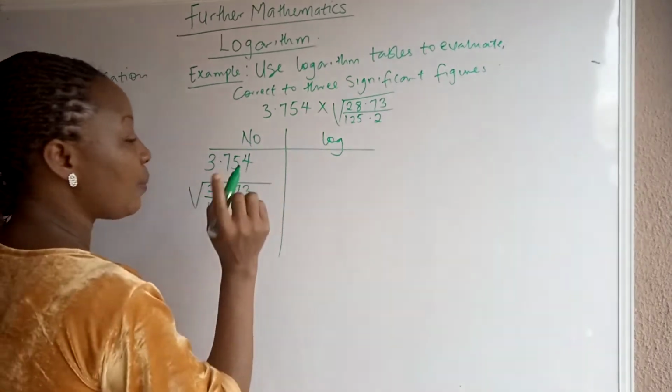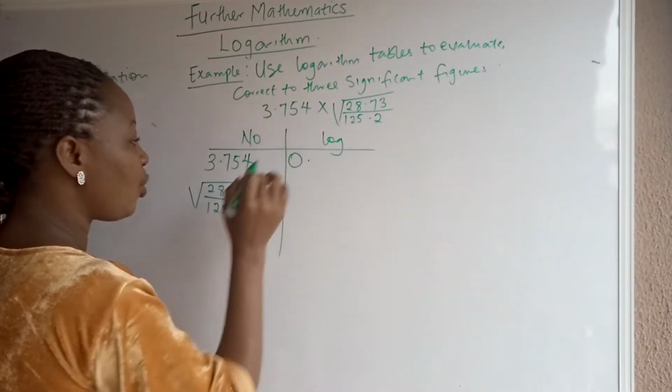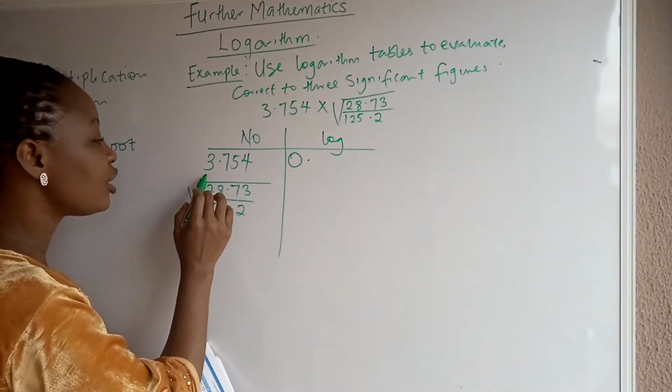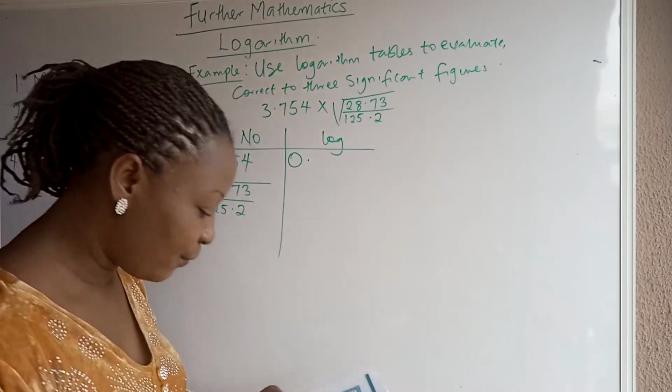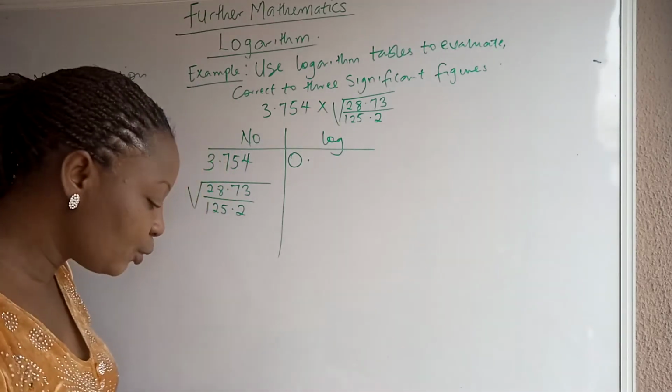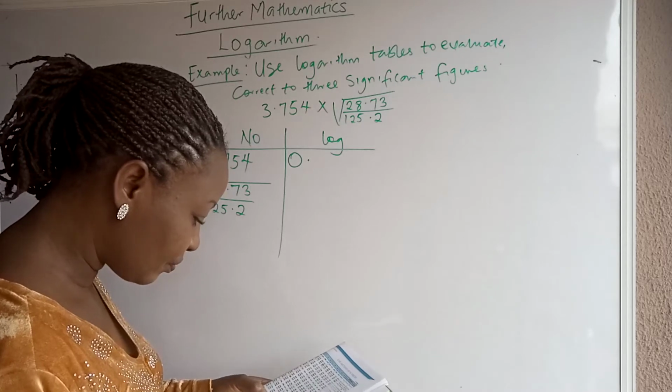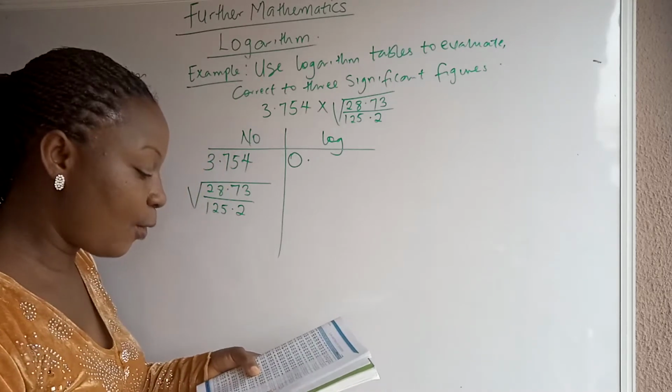This is 1 minus 1, so it's going to be 0 point. Then I'm going to pick my logarithm table and look for the logarithm of 37 under 5. So 37 under 5 is 5740.